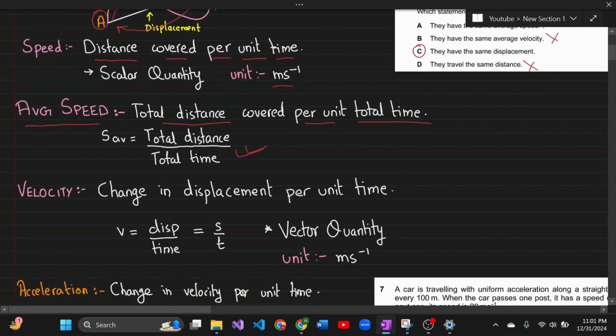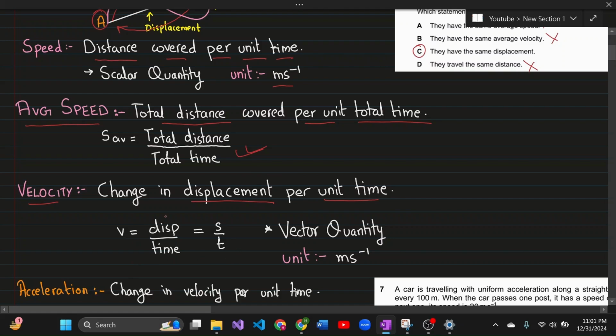Then you have velocity. Velocity is what? Velocity is change in displacement, not distance. It is the difference. You cannot write here change in distance. It should always be change in displacement per unit time. And then you have the formula.